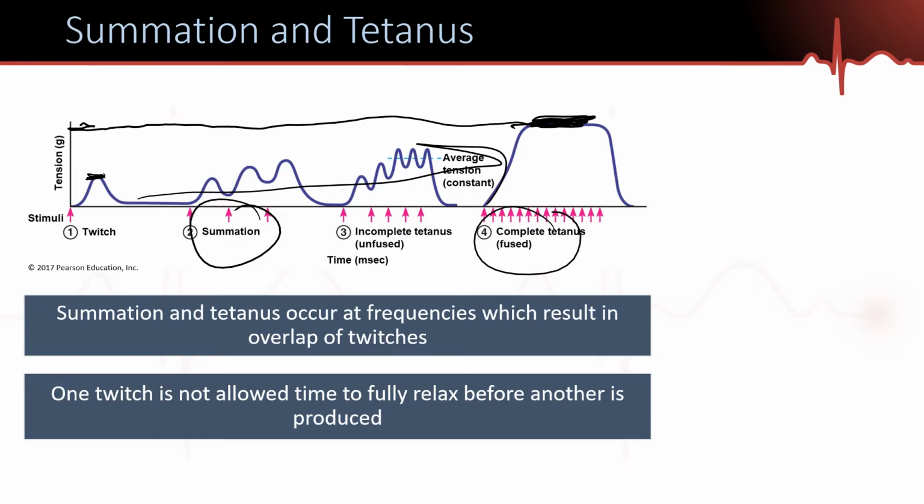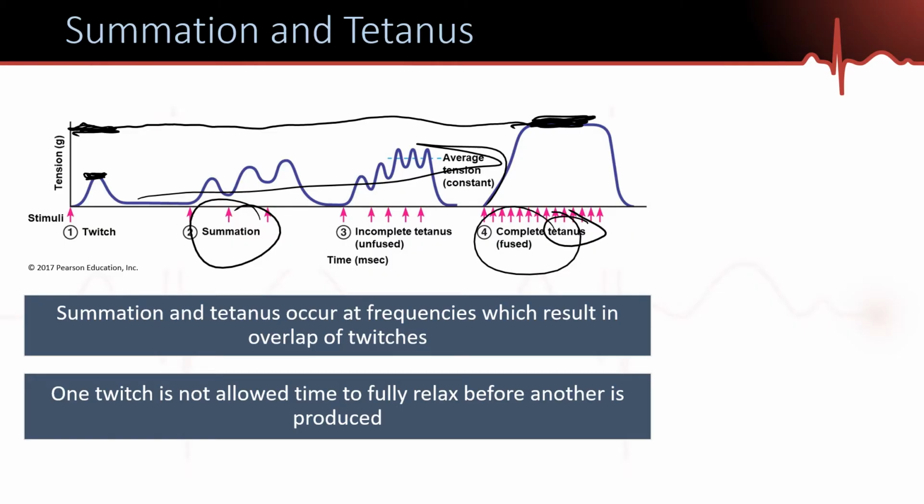For the millionth time, a twitch happens when a skeletal muscle fiber generates one action potential. The fiber clearly generates significant submaximal force. It has the ability to generate way more force than it does during a twitch. So how do we get the skeletal muscle fiber to generate maximal force? Something that we call tetanus.